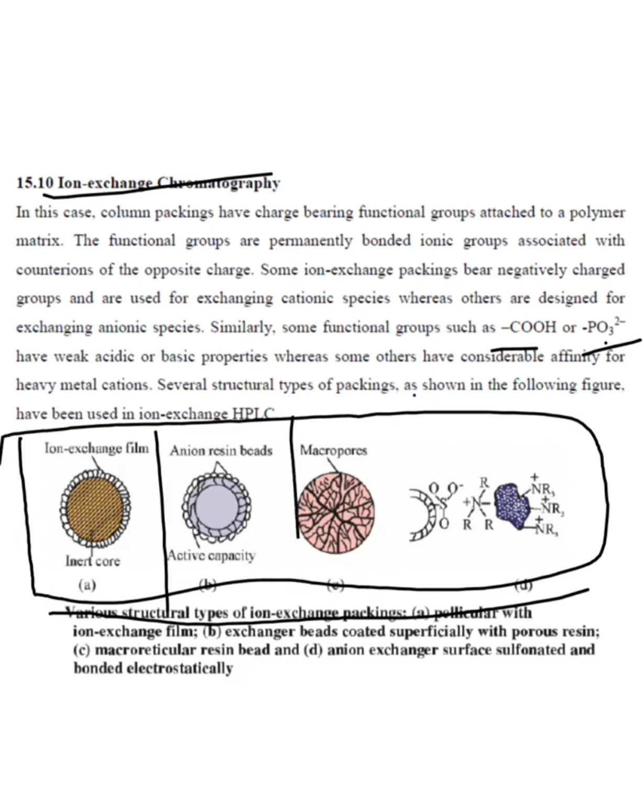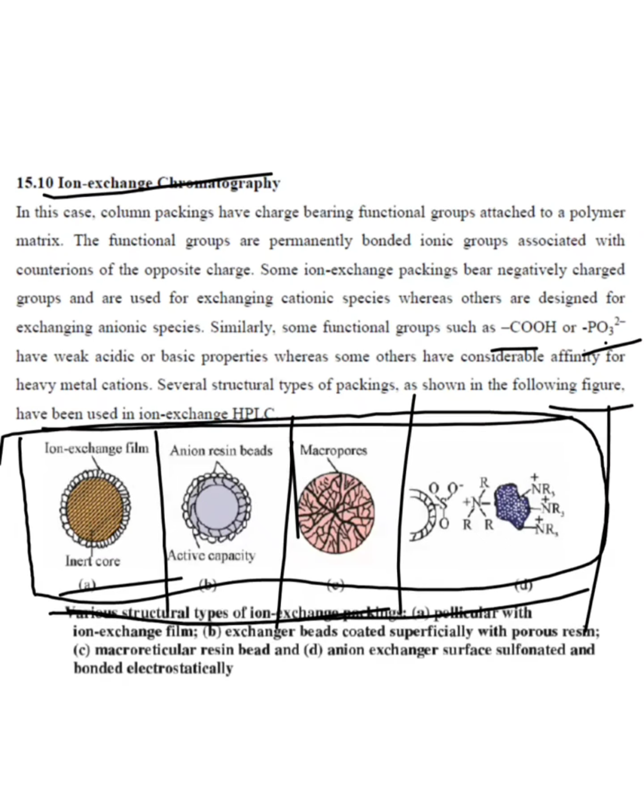The ion exchange film is the stationary phase: in A, pellicular with ion exchange film, and B is the exchanger beads coated superficially with porous resins. These are different adsorbents used in the column of stationary phase for different pore sizes which can be separated.